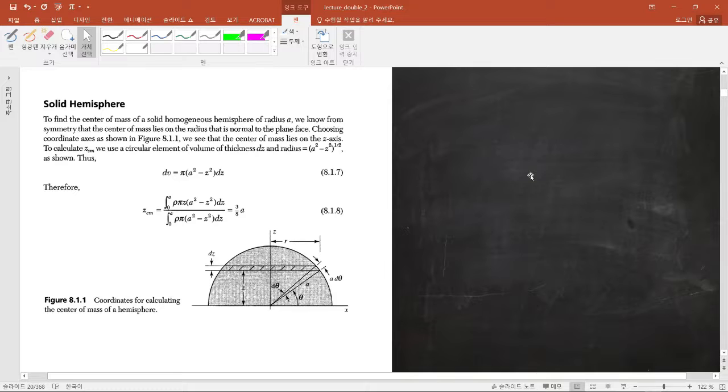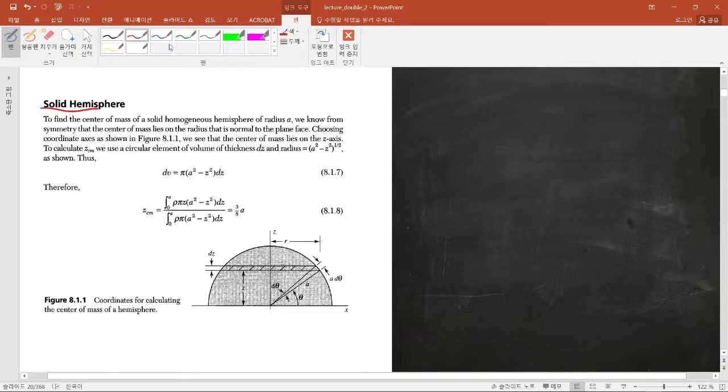Now let's calculate the hemisphere. Here, a solid hemisphere. It means this is a volume contribution. So you just go through this.